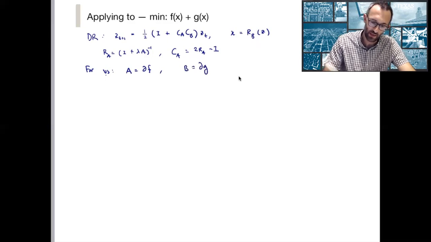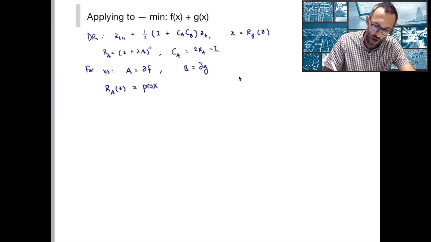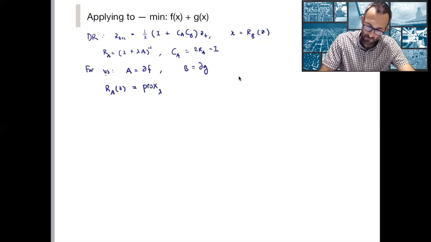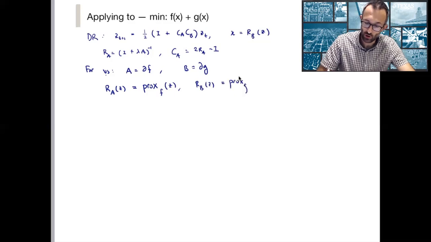And therefore in this case, R_A of z is equal to the prox operator with respect to f of z, and similarly R_B of z would be the prox operator with respect to g of z.